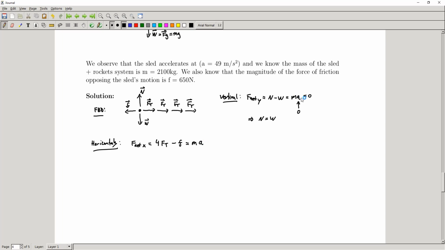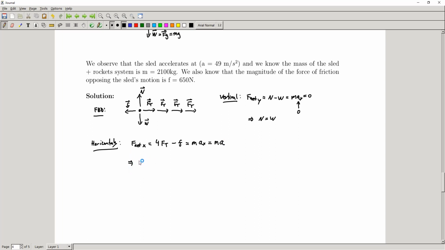This acceleration over here was in the y direction. This is the acceleration in the x direction. But since we only have the one value of acceleration here, we only have to worry about acceleration in the x direction. So I'm just going to call it ma. And so let's clean this up. What do we end up getting?